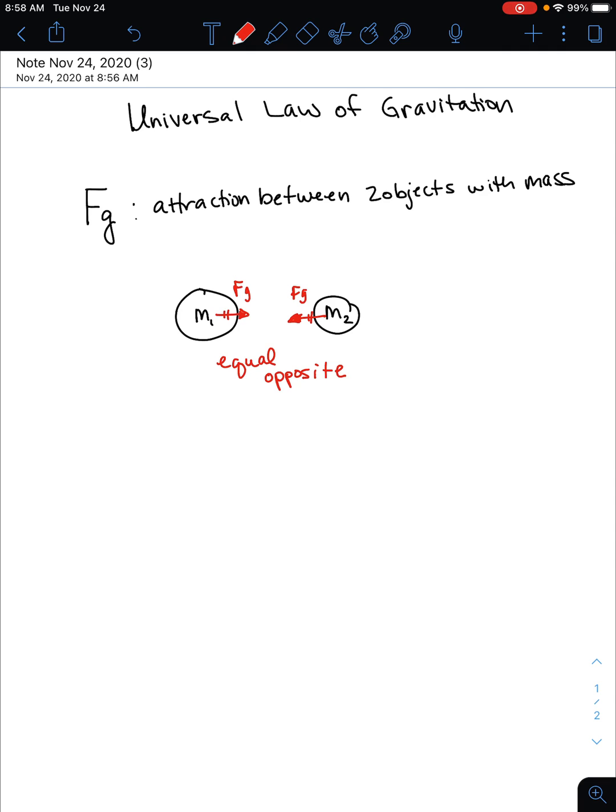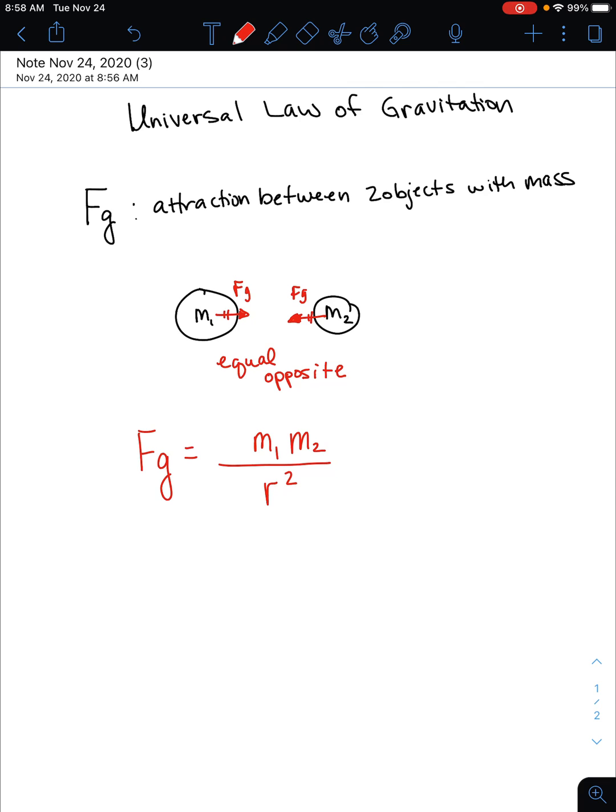And so the equation to solve for how much force the two objects pull on each other with depends on the mass of object 1 in kilograms. It depends on the mass of object 2 in kilograms. But it also relies on the distance between those two masses. Sometimes that distance is labeled as an R. R stands for how far apart they are, and that R value is squared.